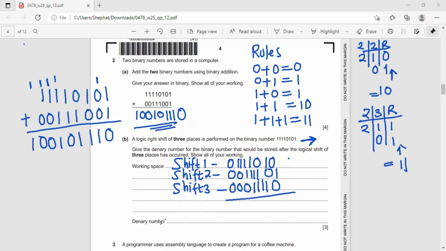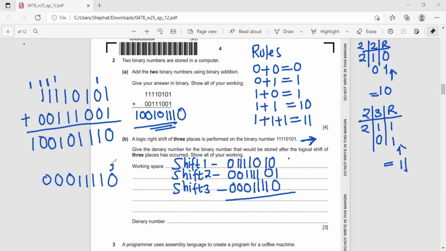But here we've been told that we have to convert this number to denary. So how do we do that? We use the place value method. So let's write it here. Our number is 0, 0, 0, 1, 1, 1, 1, 0.